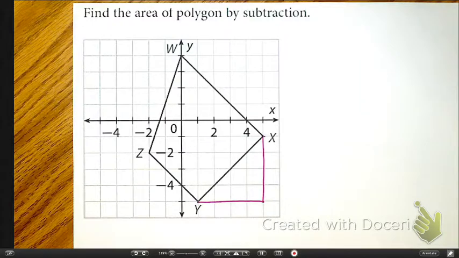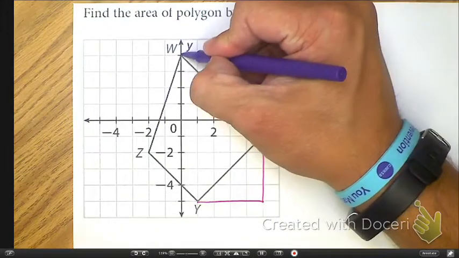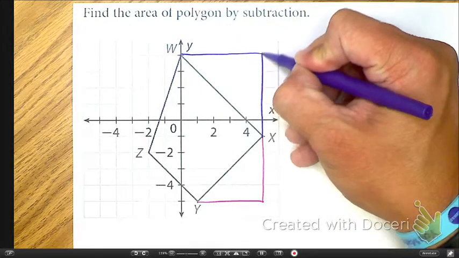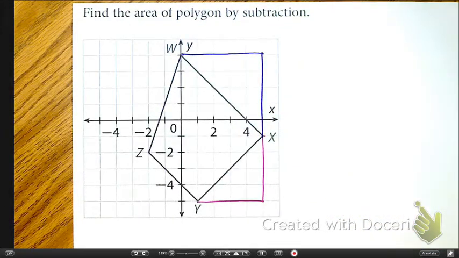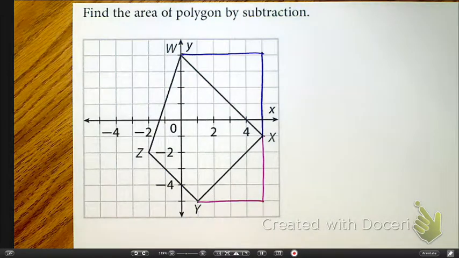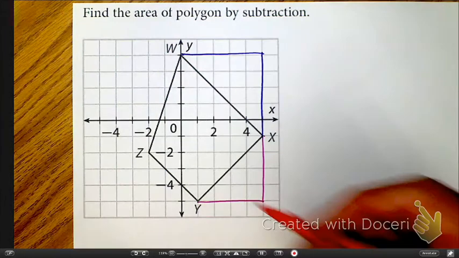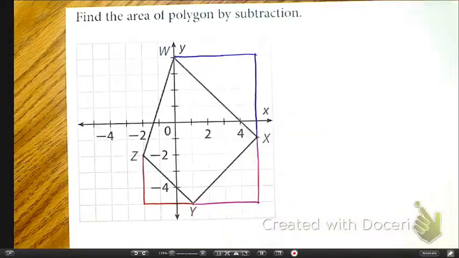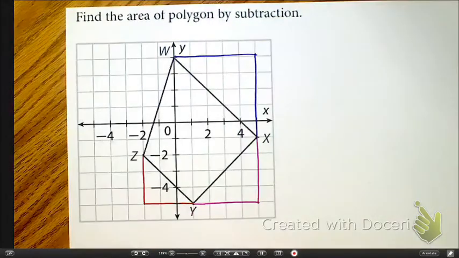Continue on. WX. Constructed another triangle. YZ. And lastly, WZ.